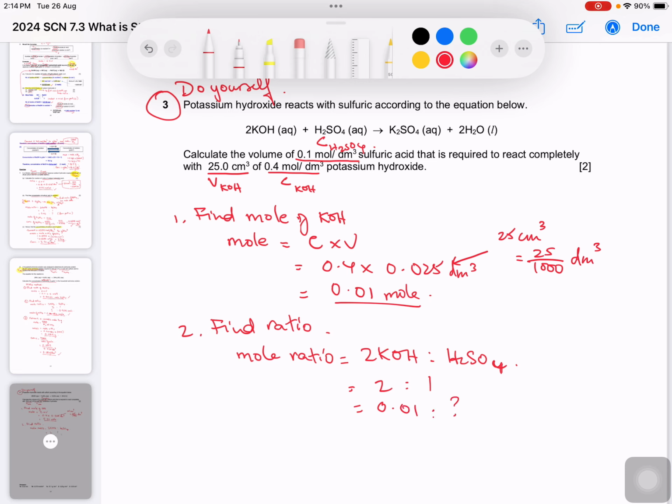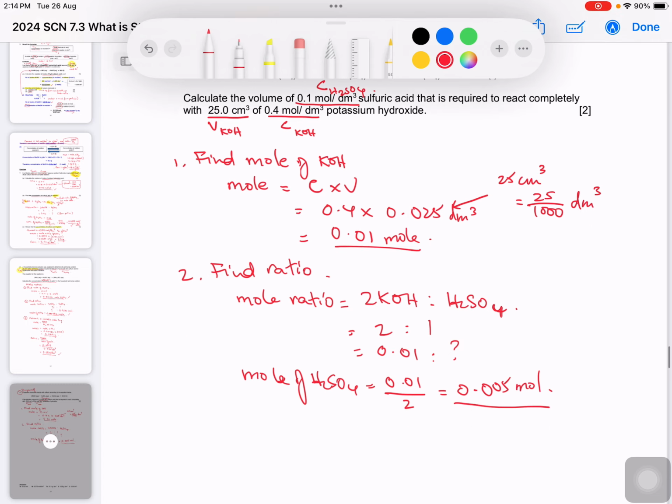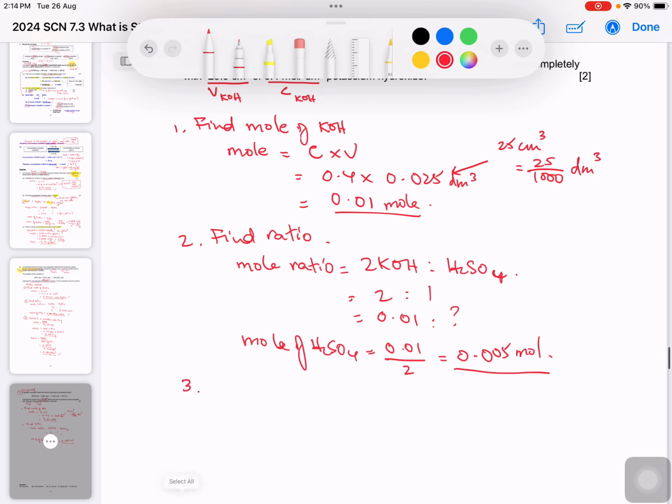So, obviously, mole of H2SO4 will be equals to 0.01 divided by 2. 0.005. So part 2 done. Then part 3, find unknown.